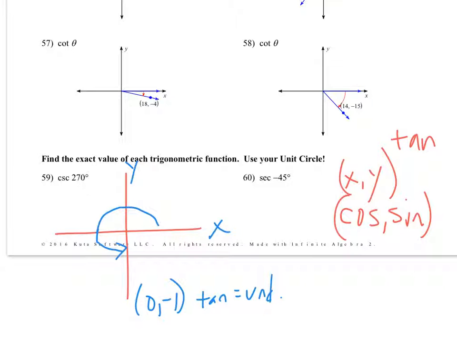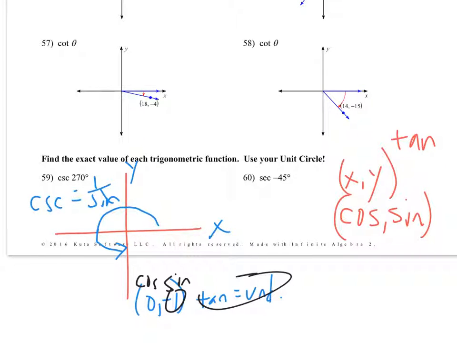Okay, so we're asked to find cosecant. Now, if you remember, cosecant is the reciprocal of sine, so it's 1 over the sine. So if you look here, this is cosine. The cosine at 270 is 0. The sine at 270 is negative 1, and obviously the tangent is undefined.